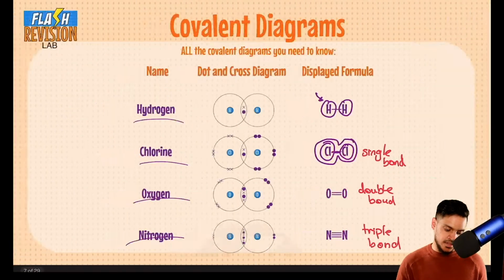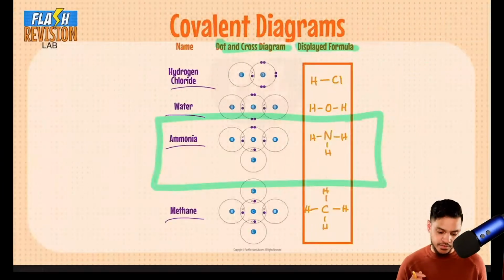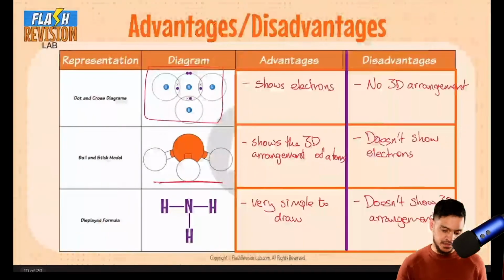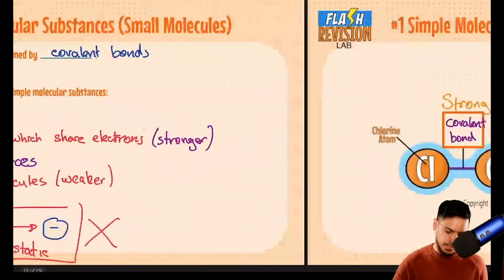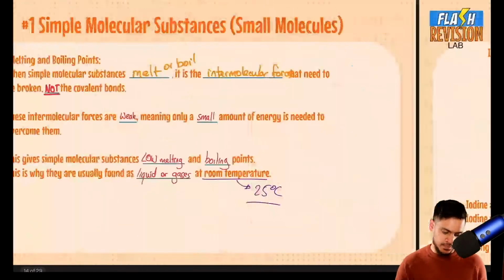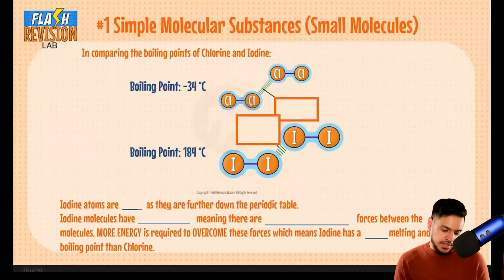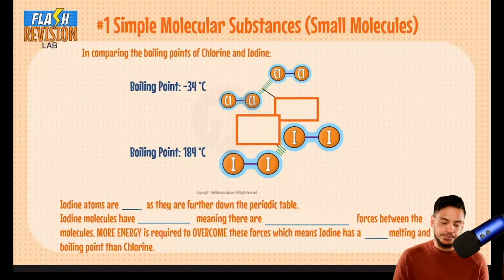So yeah, all of these covalent diagrams are examples of simple molecular substances. So remember, there's 3 types. We're basically going through simple molecular substances right now, and they have low boiling and melting points. The other thing is when you're comparing different boiling points.